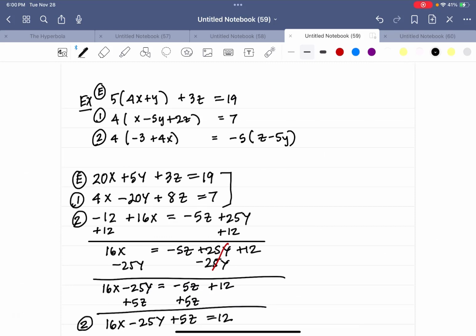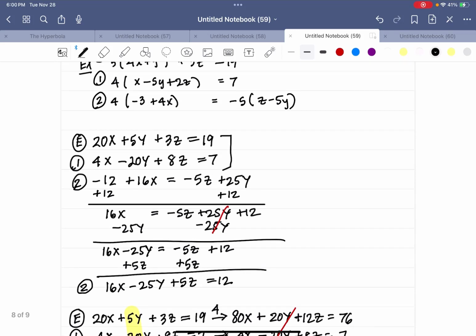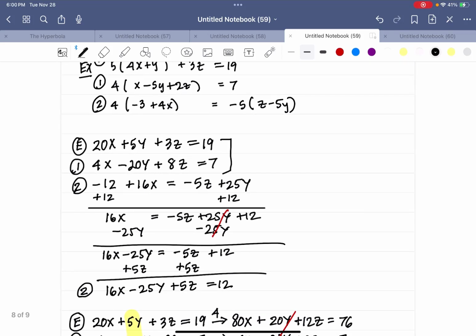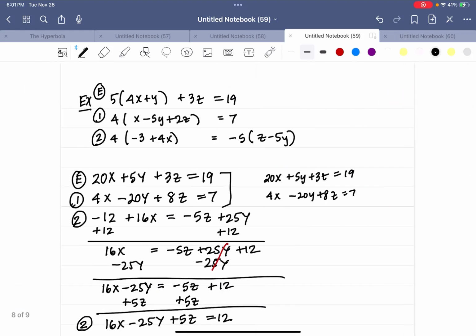Now, if x is 3/4, I can go back to my original equations and put in x is 3/4. So remember what I have here: 20x plus 5y plus 3z is 19, and 4x minus 20y plus 8z is 7. Now I've figured out that x is 3/4, so it's not going to be that hard.